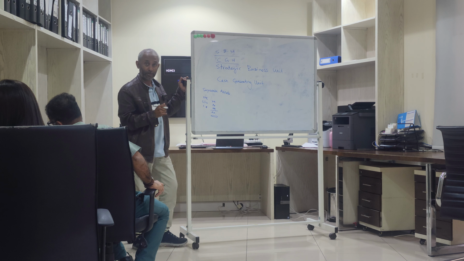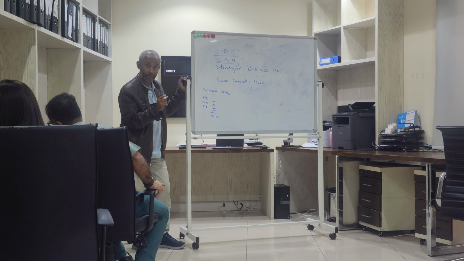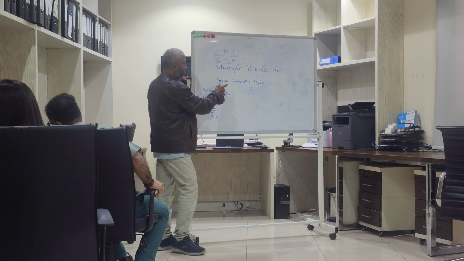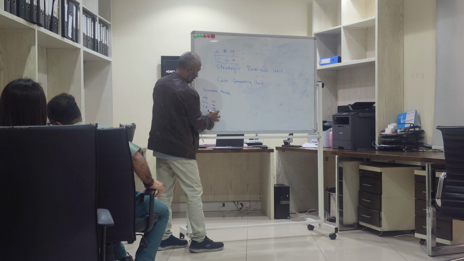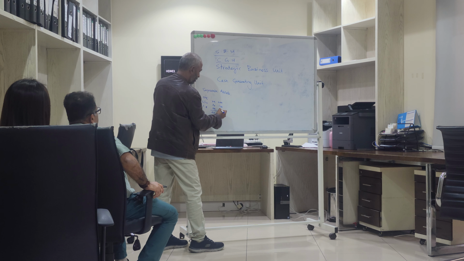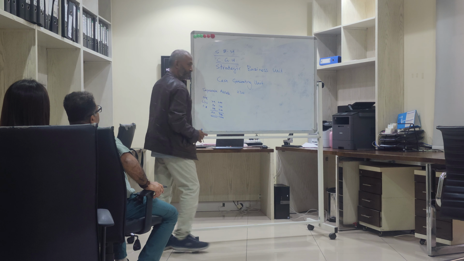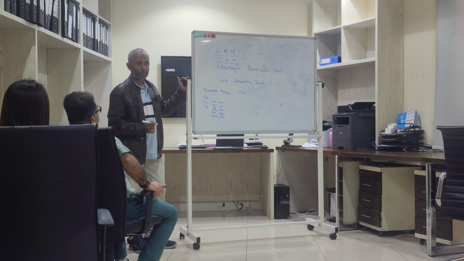Let me put some numbers: this is 600, this is 100 and this is 200. So total 900, right? My impairment is 230.